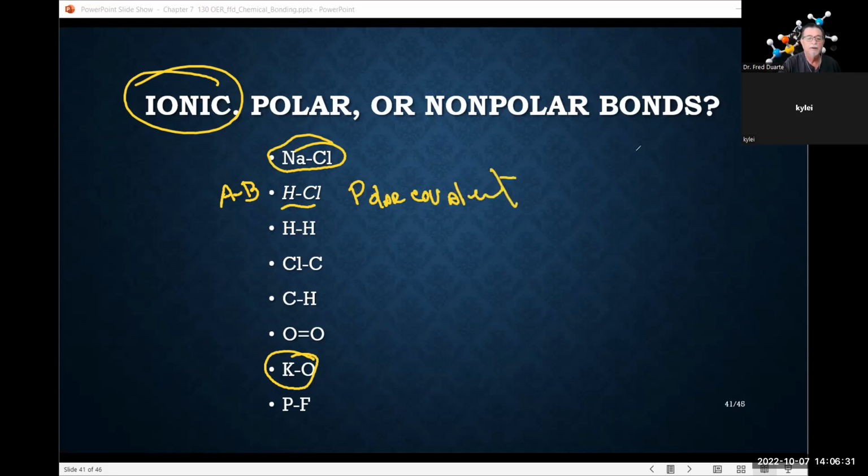Okay. I think I'm just going to shorthand it right now and just say PC, polar covalent. H and H. Well, that example is an AA scenario. Okay. And so that would be nonpolar covalent.